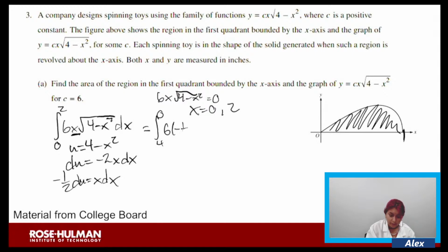Then your integral equals 6 times negative 1/2 root u du, which equals negative 3. Solve for that and you should get 2 times u to the 3/2 power.